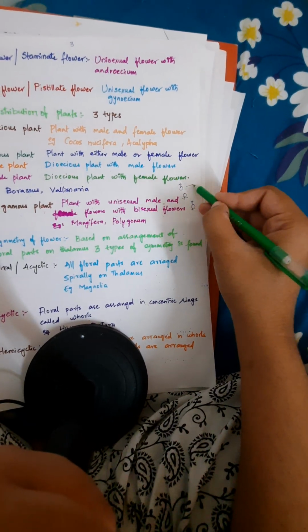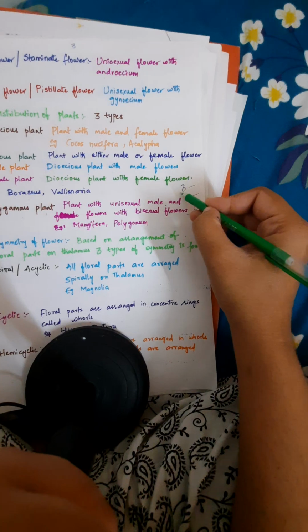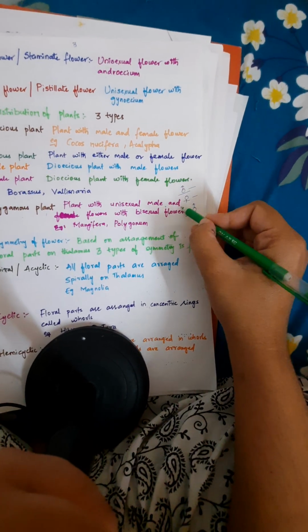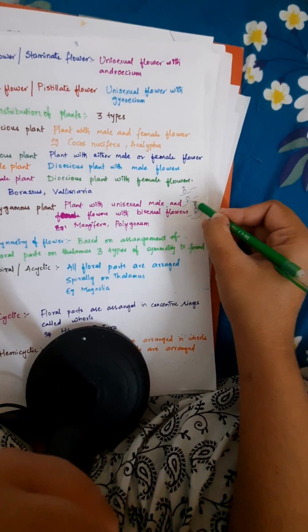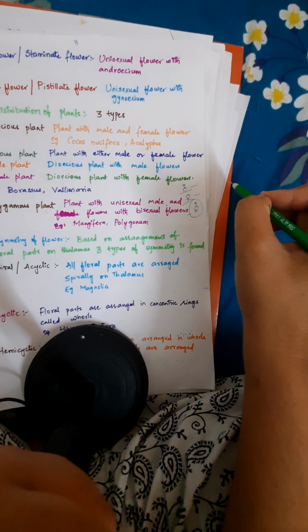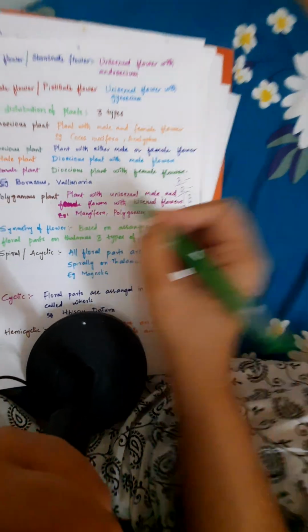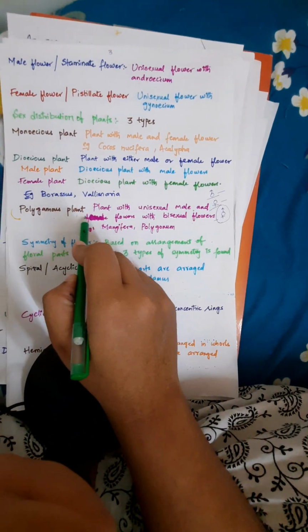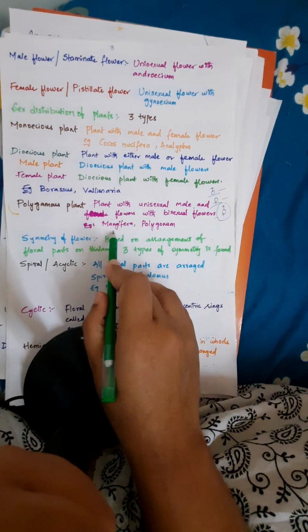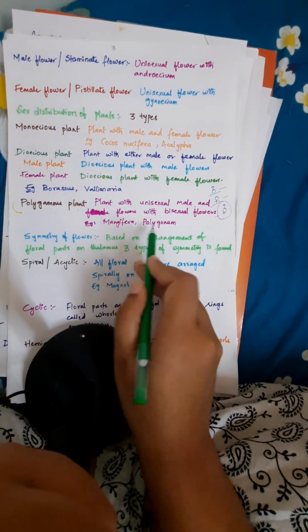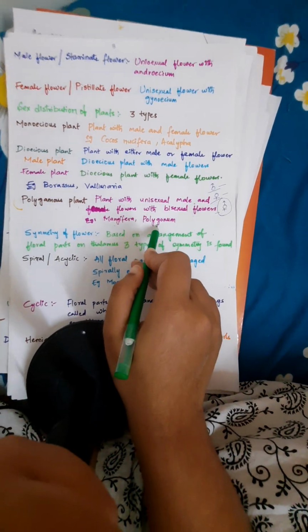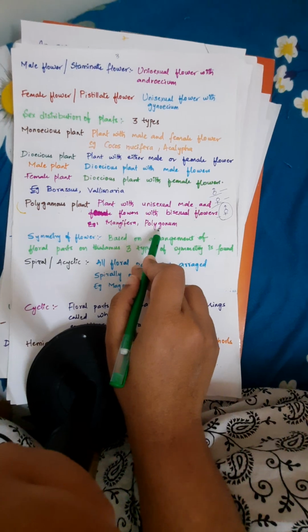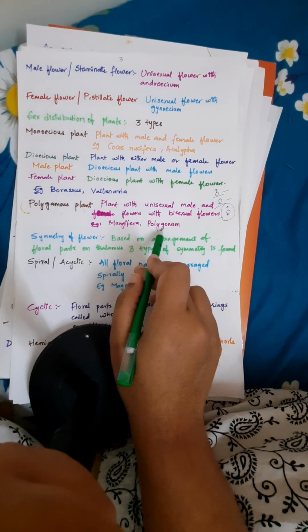So it contains three types: male flowers, female flowers, and bisexual flowers. These types of plants are known as polygamous plants. Examples are Mangifera, that is mango, and Polygonum. This is about the sex distribution in plants.